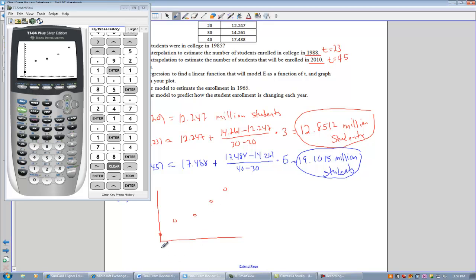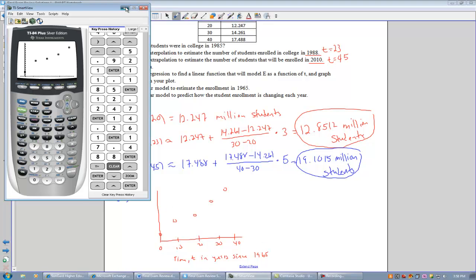I have 0, 10, 20, 30, 40. So label your axes. This axis is the time, t, and this is in years since 1965.